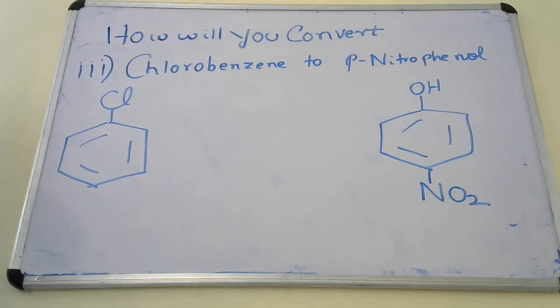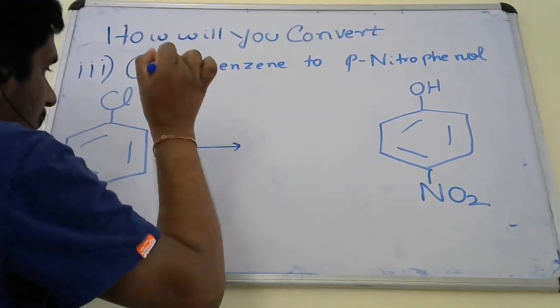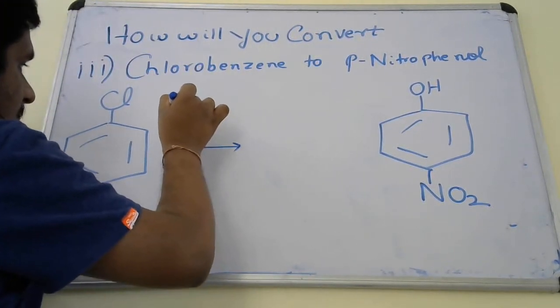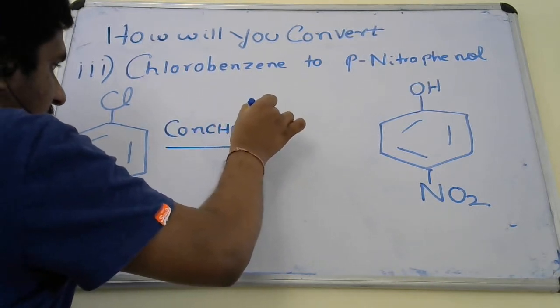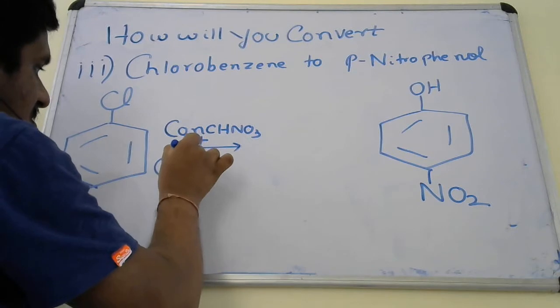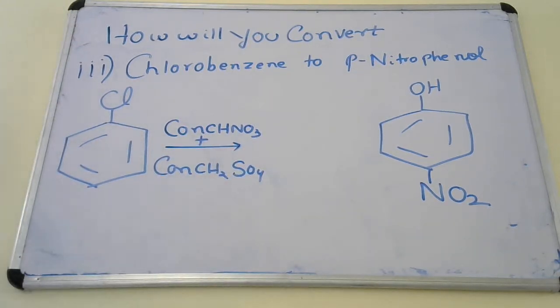So first we will provide concentrated HNO3 plus concentrated H2SO4 mixture, that is called the nitrating mixture.